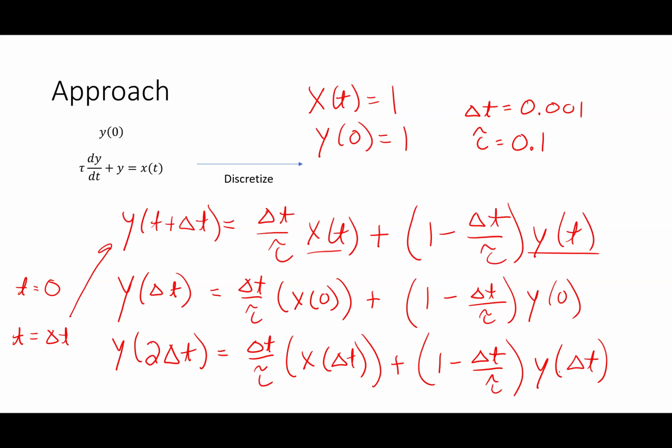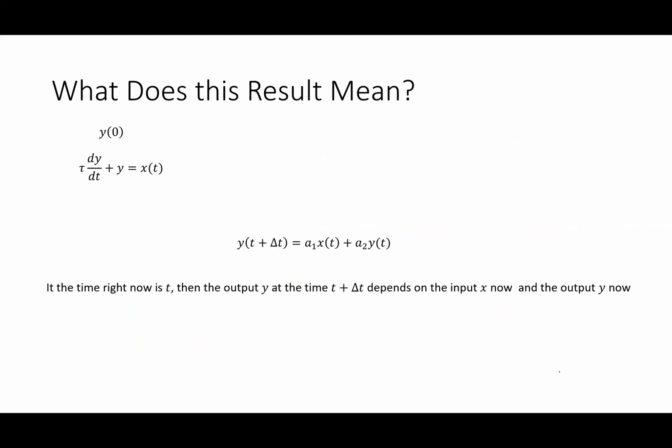Now, what I got from what I just did is basically this: if the time right now is t, then the output at time t plus delta t depends on the input now and the output now.